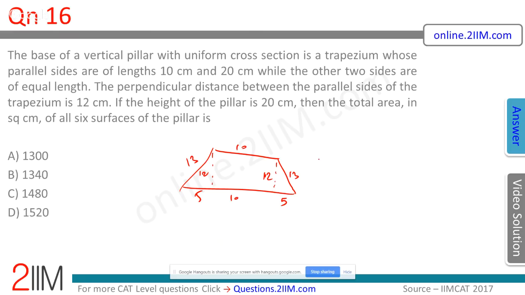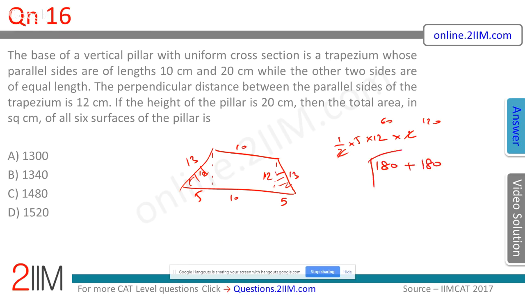Wonderful. It will be the trapezium's area, which is 10 into 12, 120, plus half into 5 into 12 into 2, which is this triangle and this triangle. So that is 60 square units plus 10 into 12, 120. Area of the trapezium is 180. We'll have 2 trapeziums, 180 plus 180.